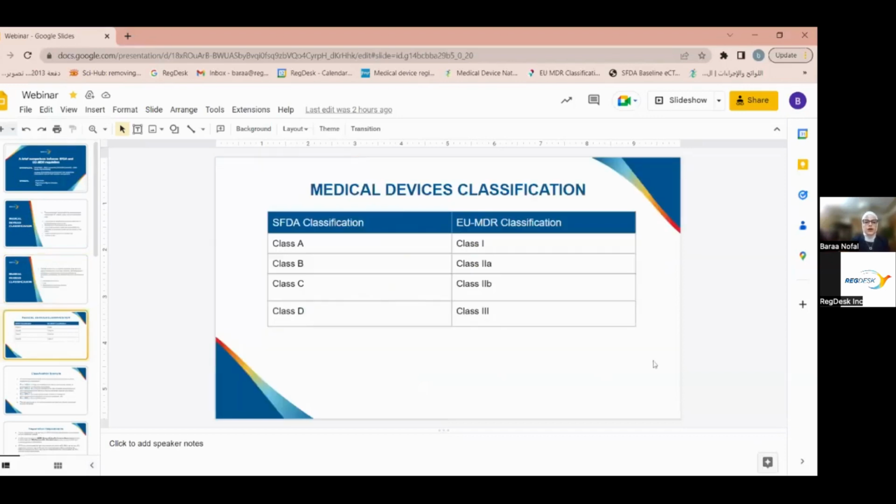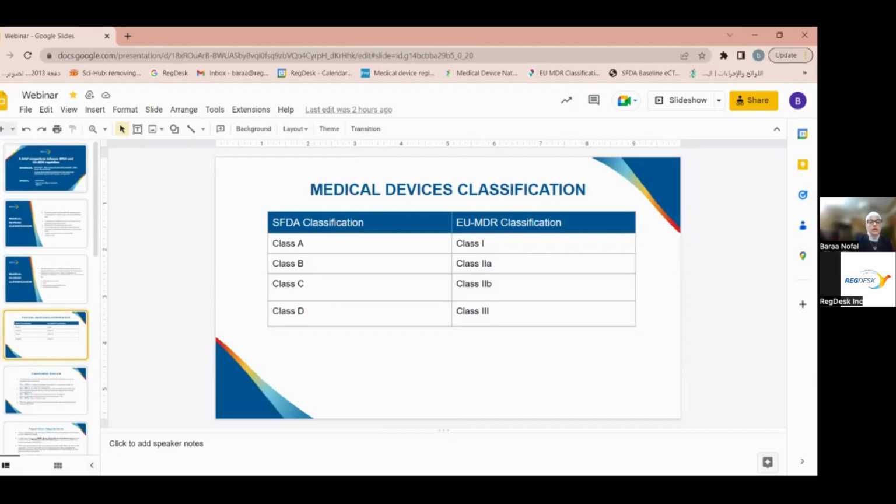So here I present the classification for Saudi FDA and the EU MDR. Actually, they are different: Saudi FDA is alphabetical, while EU MDR uses the numerical way, but they are the same. For example, class A, which represents the low risk medical devices, is compatible with class 1, which is also low risk.